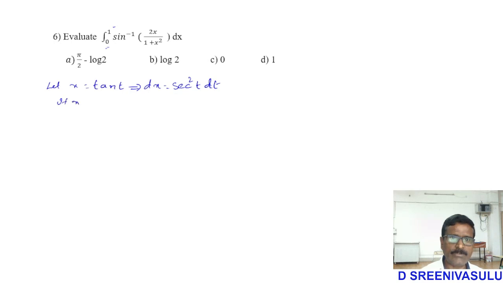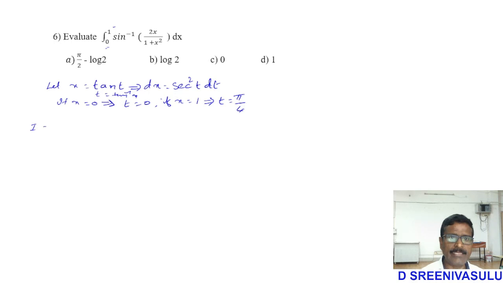If x is 0, then t is equal to tan inverse x, that is t is equal to 0. Next, if x is equal to 1, then t is equal to pi by 4. You know that tan pi by 4 is equal to 1, tan 0 is equal to 0.